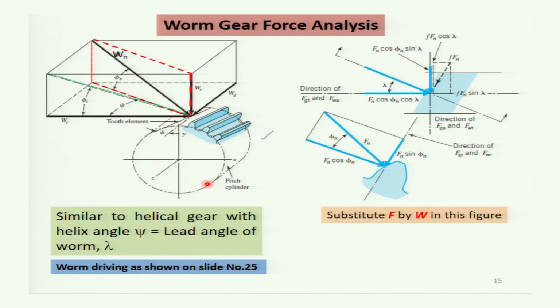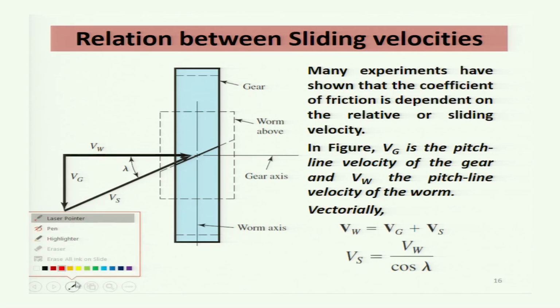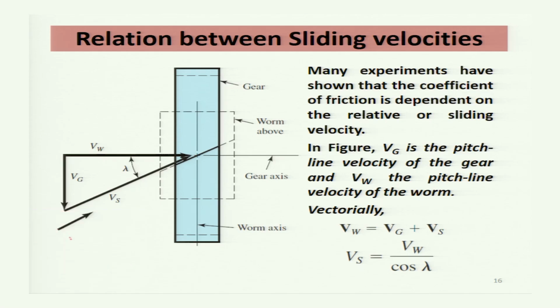Now, the worm gear forces which we determined are like this, just repeating it. Now, the relation between sliding velocities. As we studied, in the case of worm and worm gear drive, the motion between the two gears, the worm and worm gear, is sliding motion.